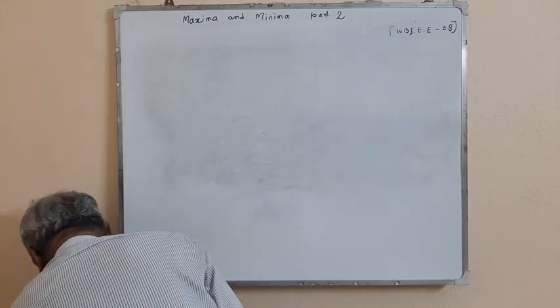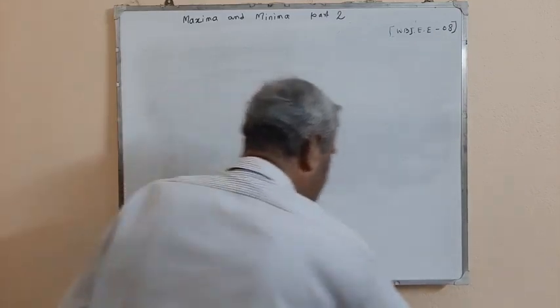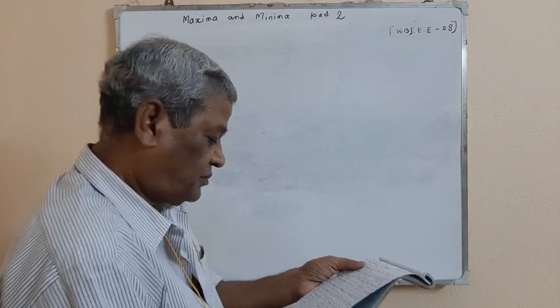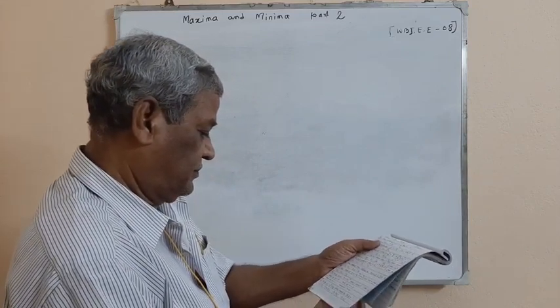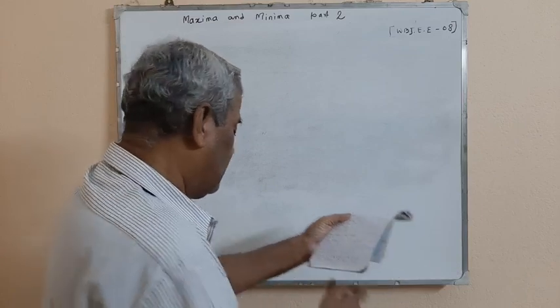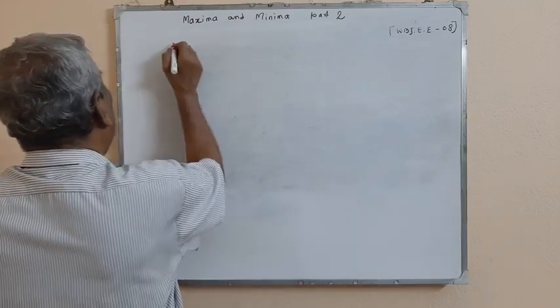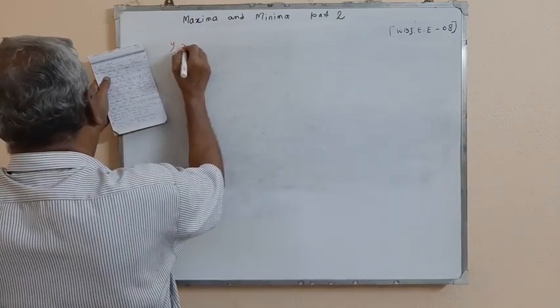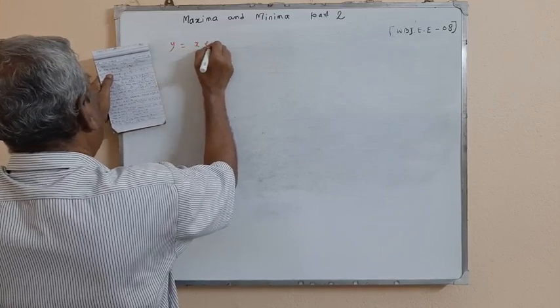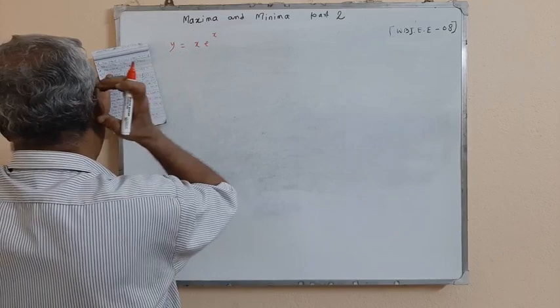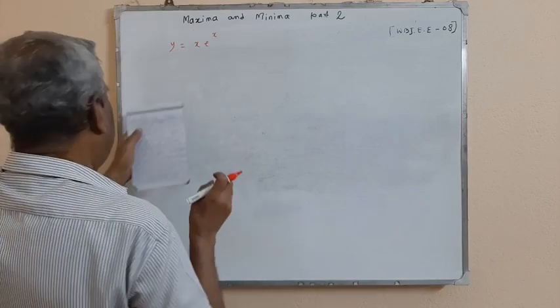Now our next problem. For the curve y is equal to x into e to the power x, which one is correct?